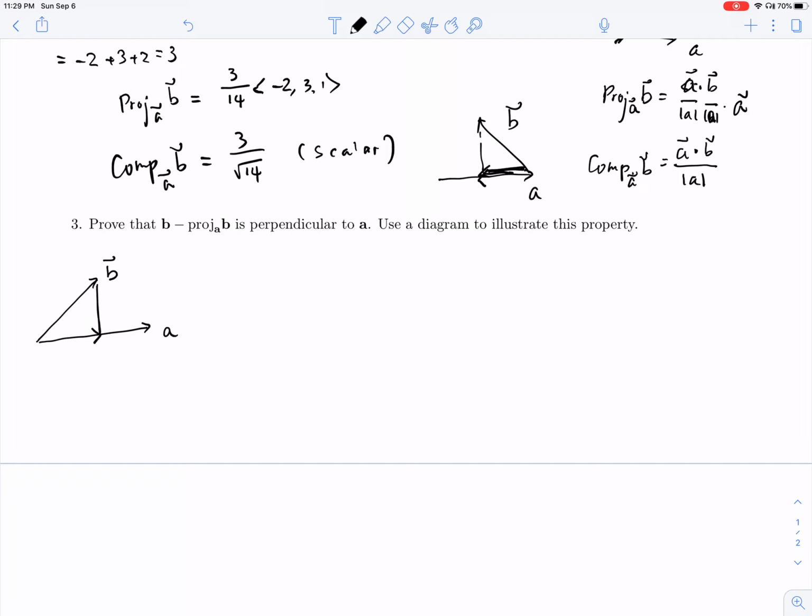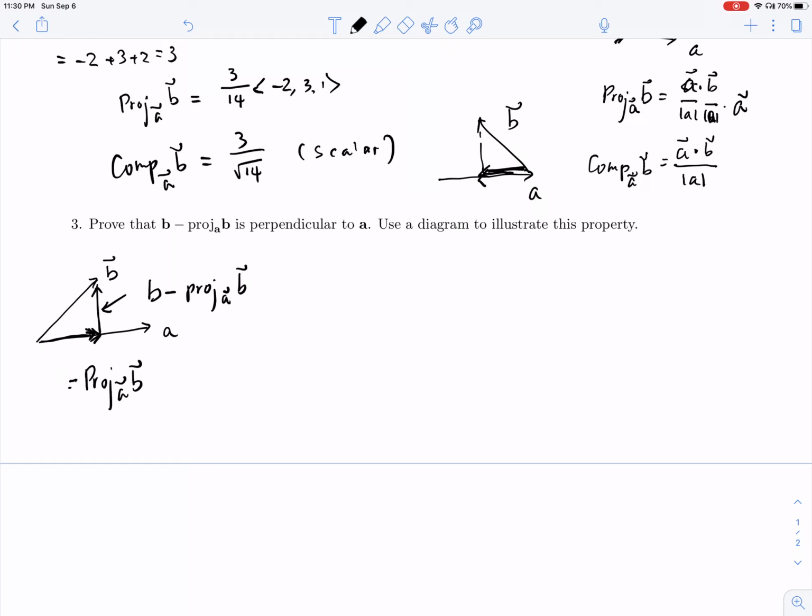This one is the projection of B in the direction of A. Now, if you look at this vector over here, this vector is exactly B minus the projection of B onto A, right?